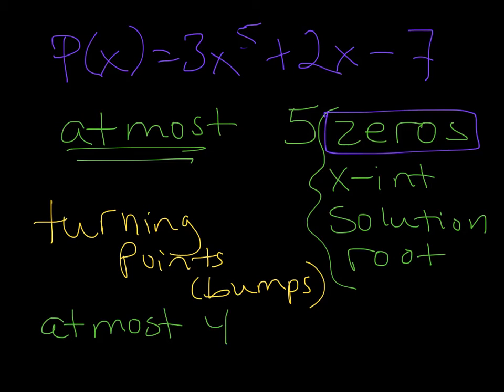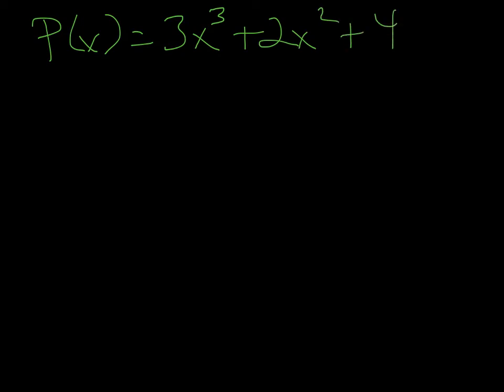So let me do another example. Let's look at an example of a function. If we have p of x equals 3x cubed minus 2x squared plus 4x minus 7. If you notice, this is a third degree equation. The highest exponent is 3.